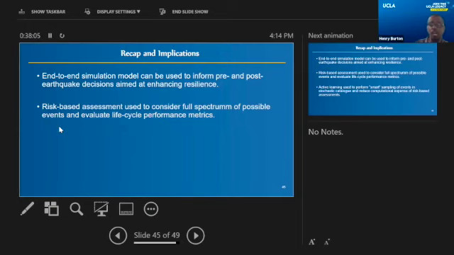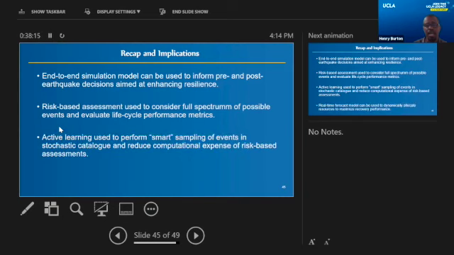We looked at not just a single scenario, but the full spectrum of scenarios that can affect the region, and that allows you to evaluate things using life cycle performance metrics. We use a technique called active learning to do a type of smart sampling where we don't have to evaluate the performance for every single event.